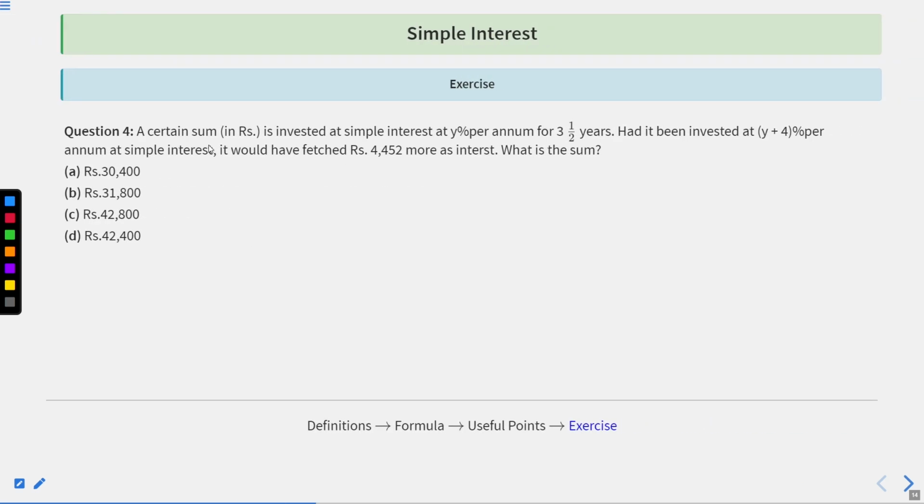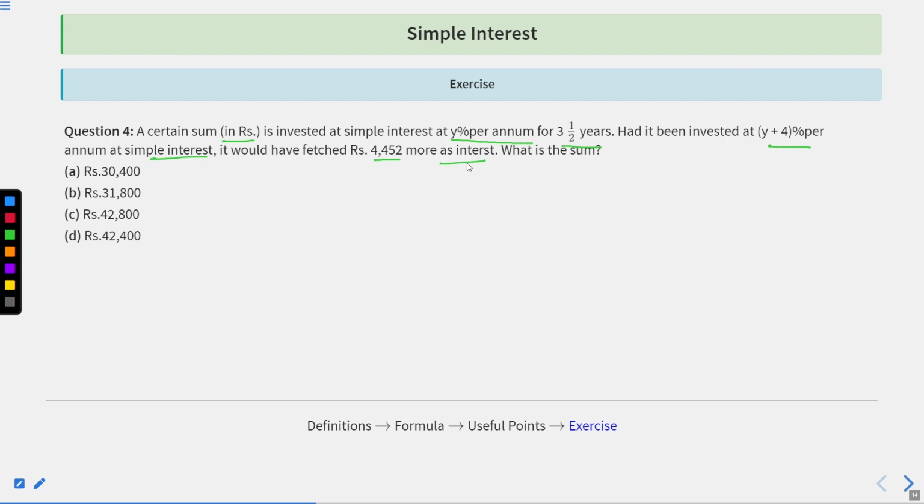Question number 4. A certain sum in rupees is invested at simple interest at Y% per annum for 3.5 years. Had it been invested at Y plus 4% per annum at simple interest, it would have fetched 4,452 more interest. Then what is the sum? So let me try to explain the question for you. So here some amount X is invested at Y% per annum for 3.5 years.